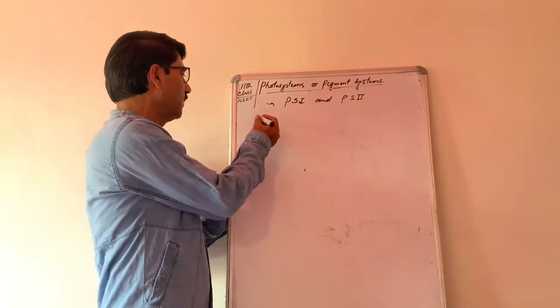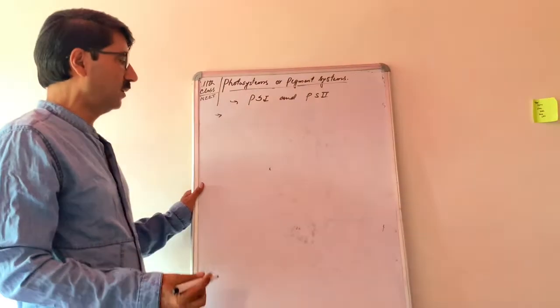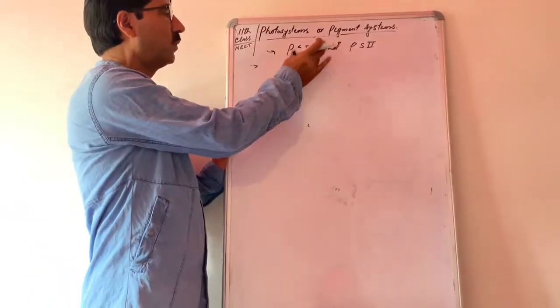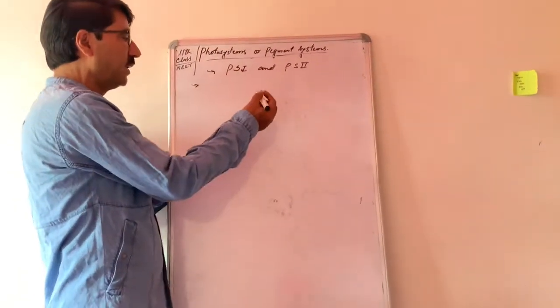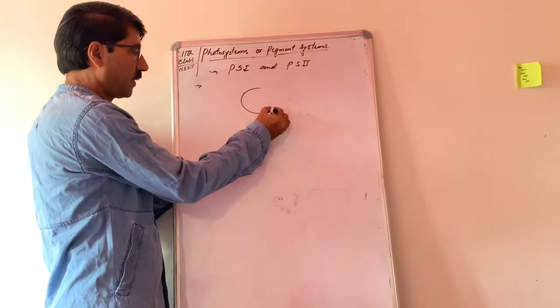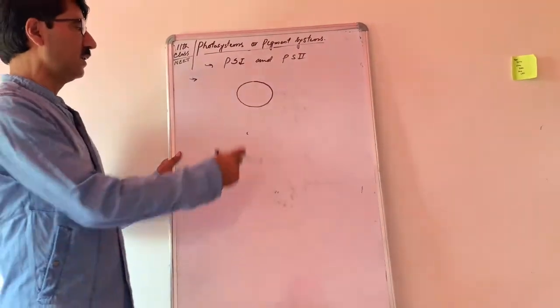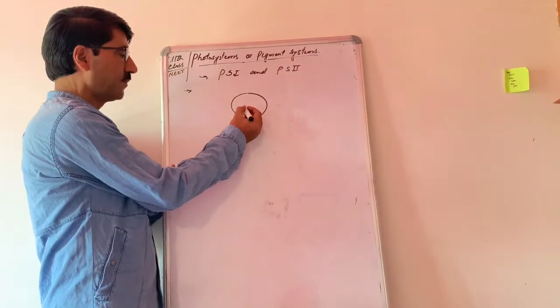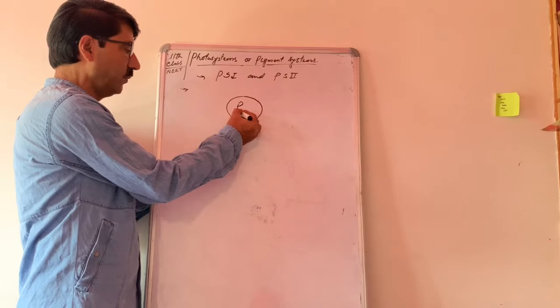Now first we will take a general outlook of a photosystem or a pigment system. As we mentioned earlier, in a photosystem there is a reaction center. Let us designate this reaction center by this. There would be a special chlorophyll A molecule.